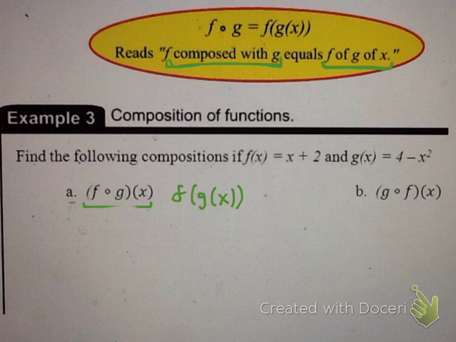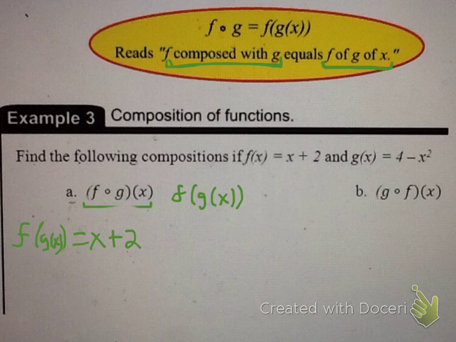F of g of x, that means I'm going to take my f of x function and instead of plugging a number into x, anywhere I see an x, I'm going to plug in g of x.